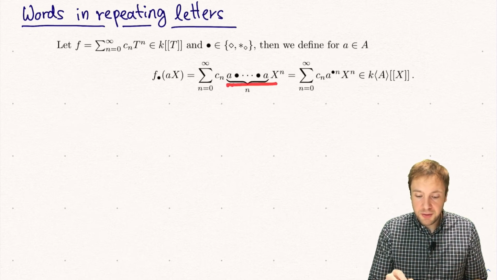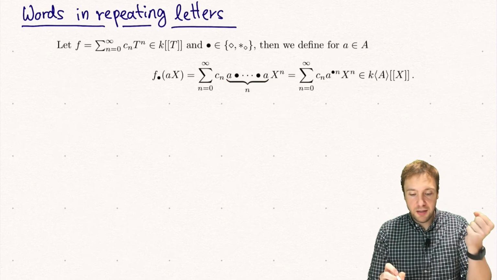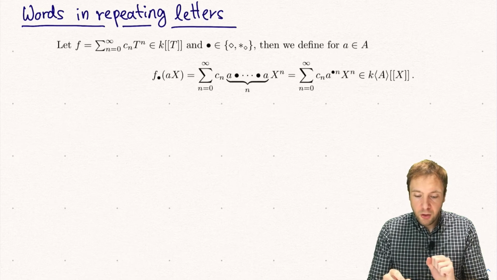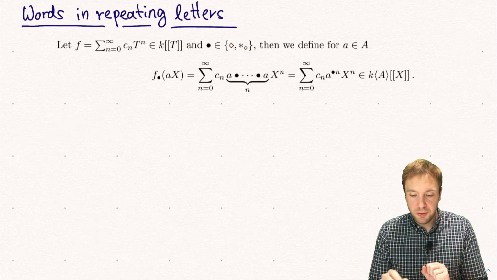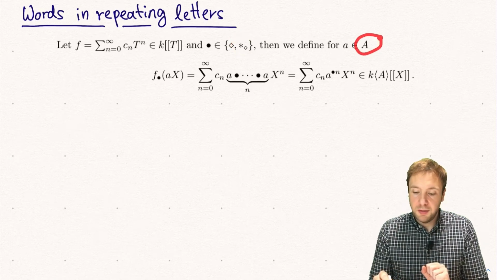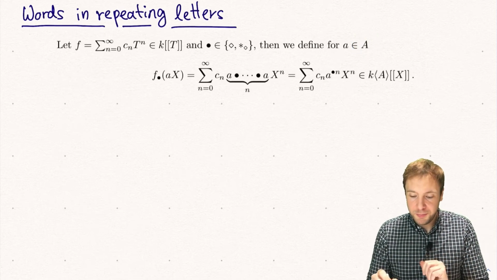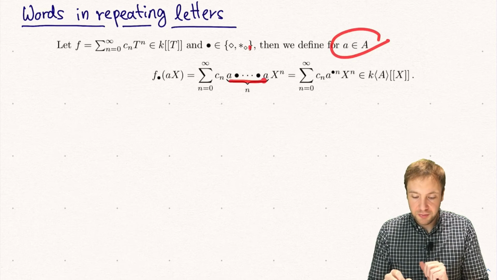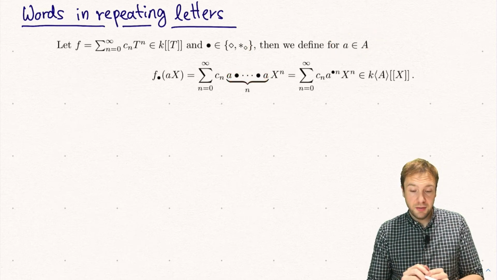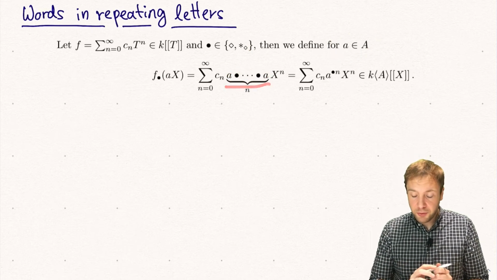This could be the diamond product, so we take a diamond a diamond, and so on. Or we could use the quasi-shuffle product, because letters are also words, so it also makes sense to multiply letters using the quasi-shuffle product.